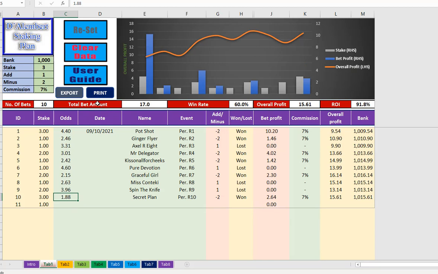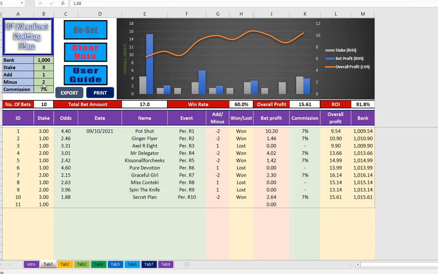Okay, and the user guide, click on that, it will take you to the user guide. It will tell you exactly what I've just told you, plus have a tutorial video. So that is how the D'Alembert Excel staking plan works. As I said, once you put your parameters in here, you can't change them until you reset.